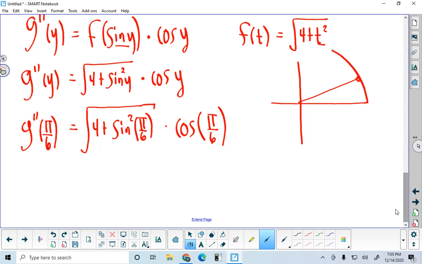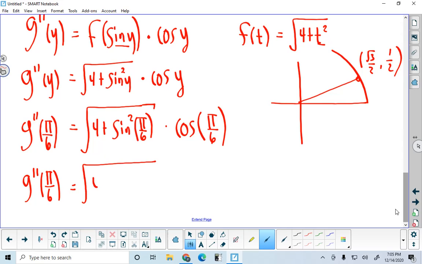The coordinates at that point are root 3 over 2, comma 1/2. So the sine is 1/2. We're going to have the square root of 4 plus 1/2 quantity squared multiplied by cosine is root 3 over 2.